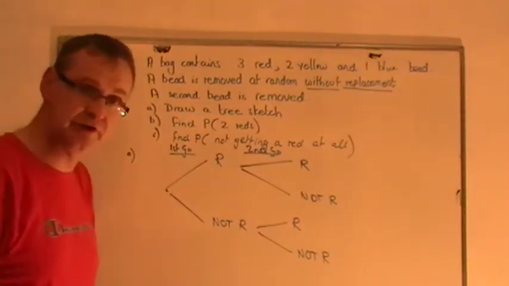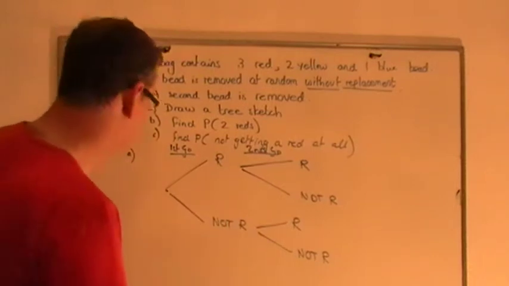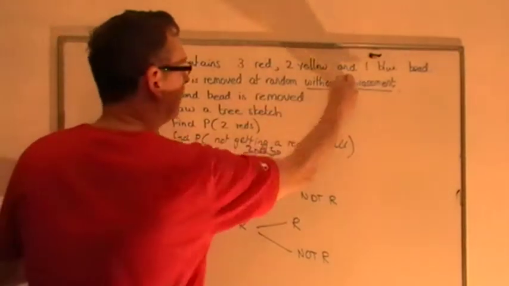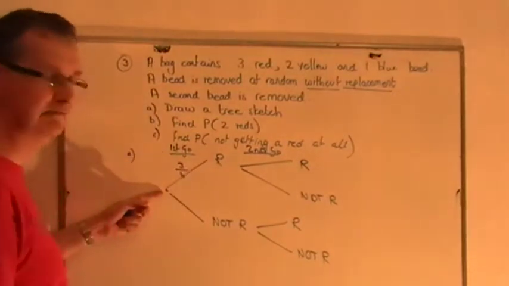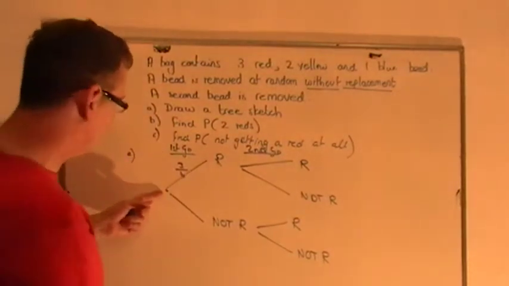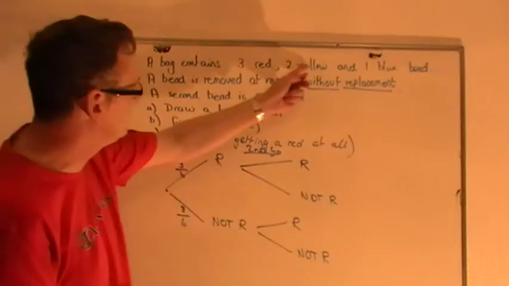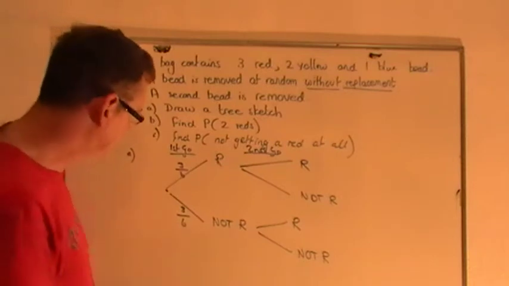Now to finish off the tree sketch you need to put the fraction probabilities on each of the branches. So the chances of getting a red, well there's 3 red out of 6 beads, so there's a 3/6 chance of getting a red. There are 3 beads out of the 6 which are not red. There's the 2 yellow and the 1 blue, so there's a 3 out of 6 chance of not getting a red.